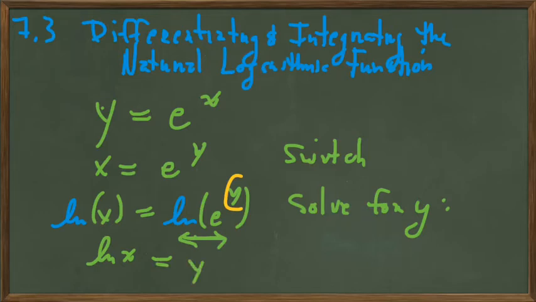So we just verified in this derivation that ln x and e to the x are inverses, but we had to appeal to the graph to do this step right here. So how does that help us in calculus? Let's see on the next blackboard.